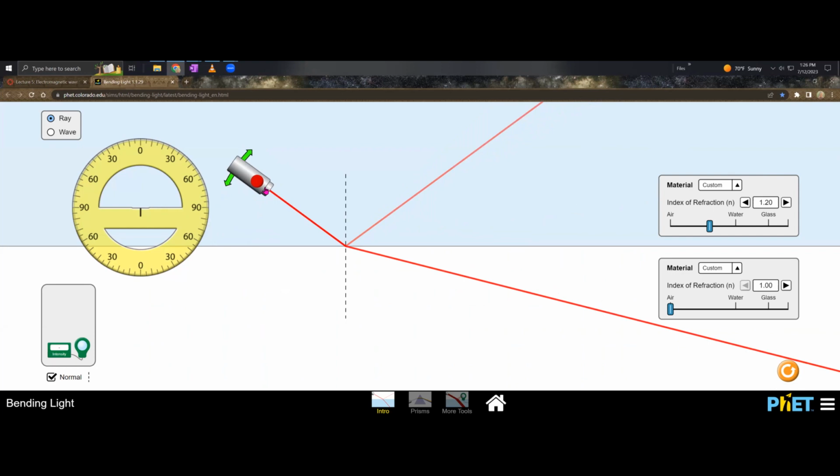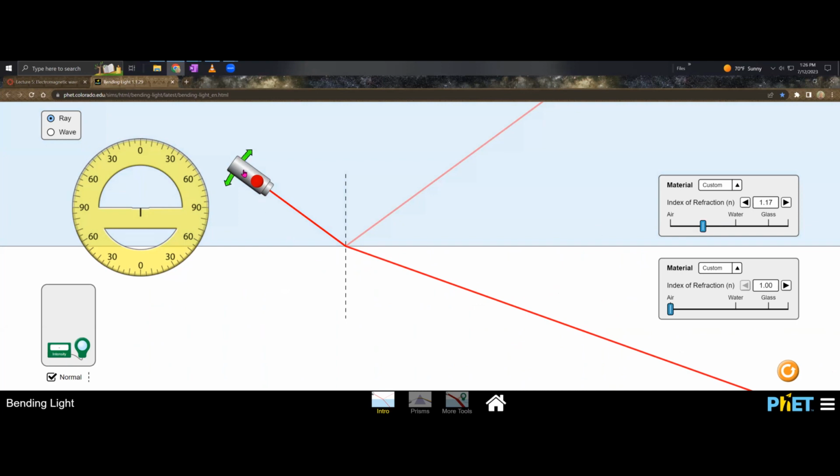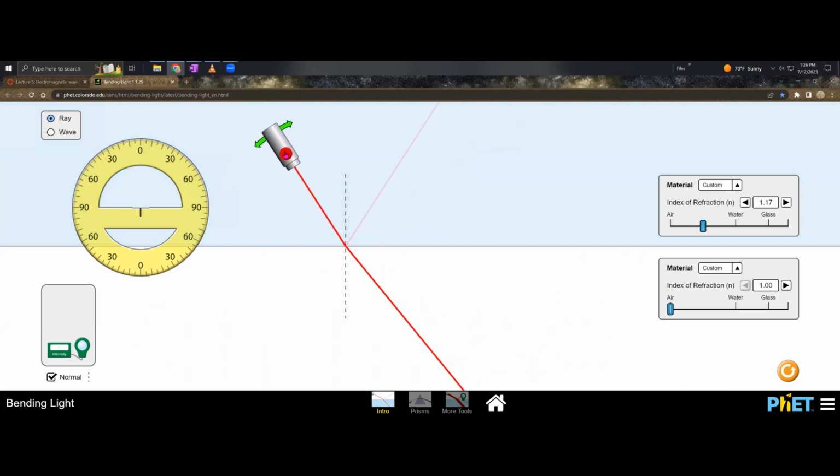One of the things that I want you to pay attention to is that the light is going from a higher index. Let's say we made this water right here. Nope, let me change the angle of this guy. Let's say that I make this water right here. The first thing you should look at is that if I start perpendicular to the surface, Snell's law says that the angle of refraction is 0. So there's no refraction at all.